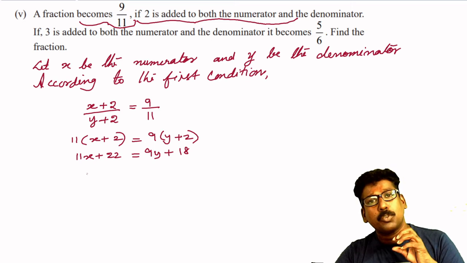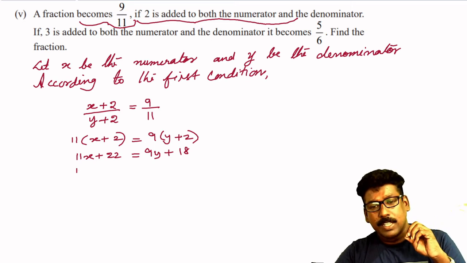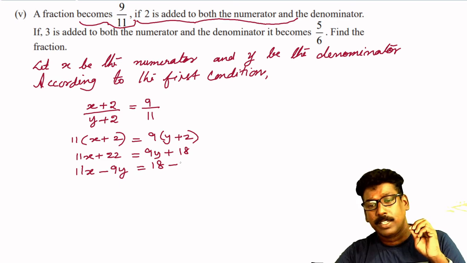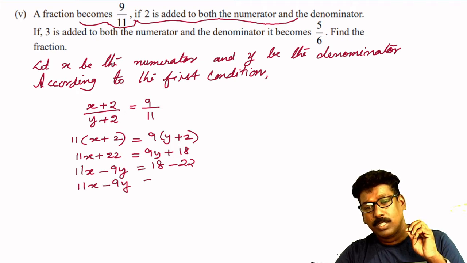Now transpose variable to one side, that is 11x, transpose 9y, you get minus 9y is equal to 80, transpose 22 to the other side, minus 22. That is 11x minus 9y is equal to 80 minus 22, that is 58. Let this be equation 1.